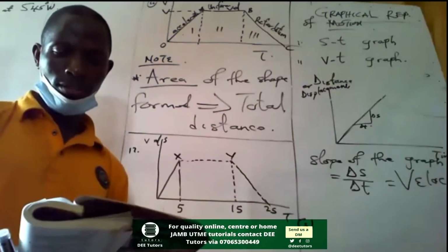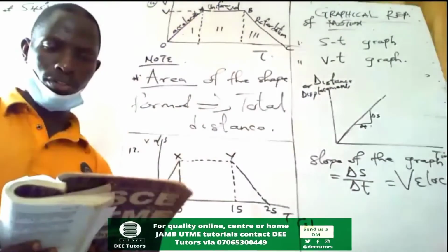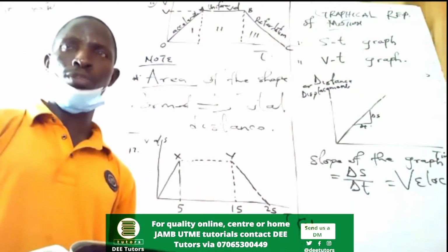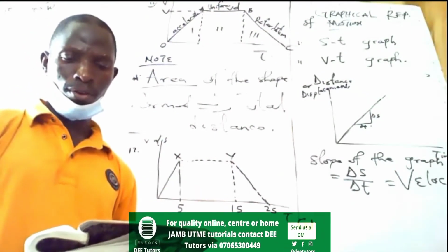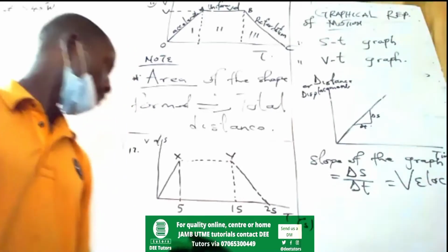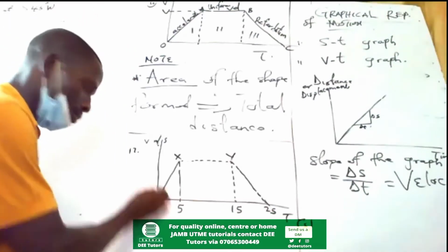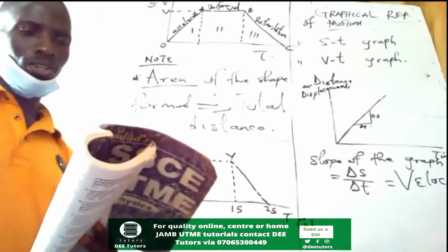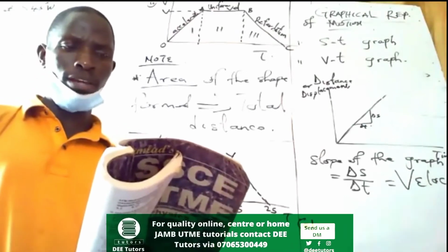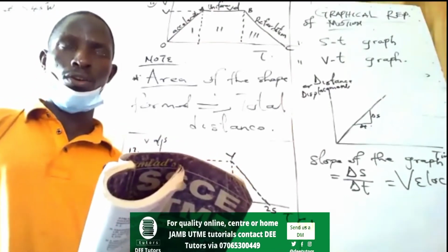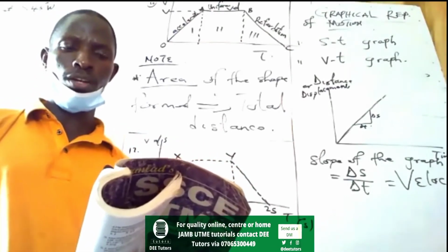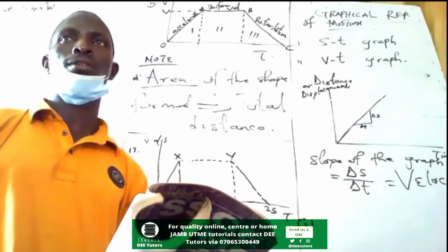If the total distance covered by the body is 350 meters, the acceleration during the segment OX of the body's motion is dash.